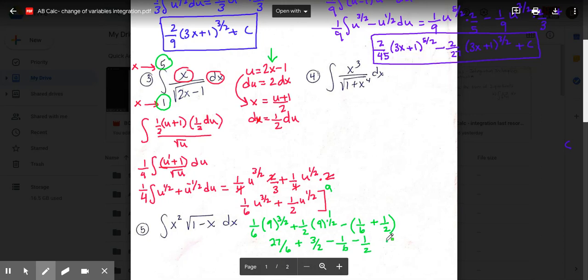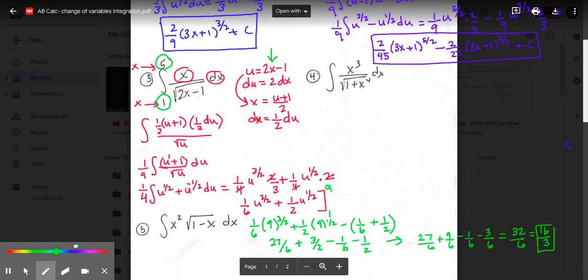So you end up getting 27/6 plus 9/6, right? 3 minus 1/6 minus 3/6. So your final answer, you end up getting, let's see, 36 minus 1 is 35. Minus 3 is 32/6, which reduces to 16/3.